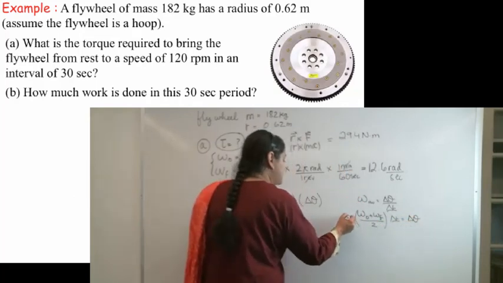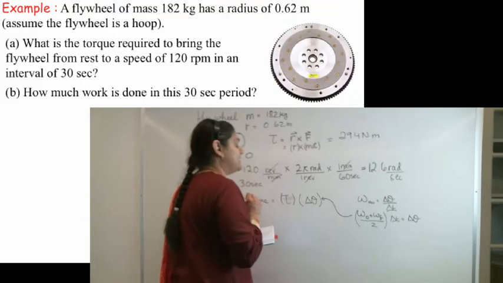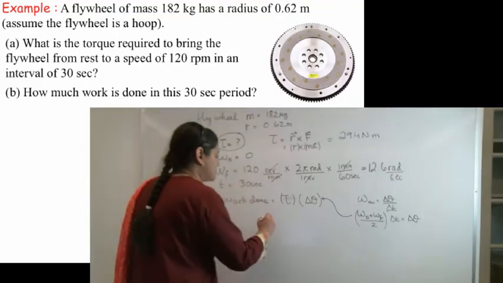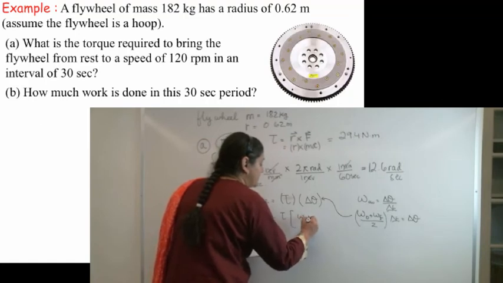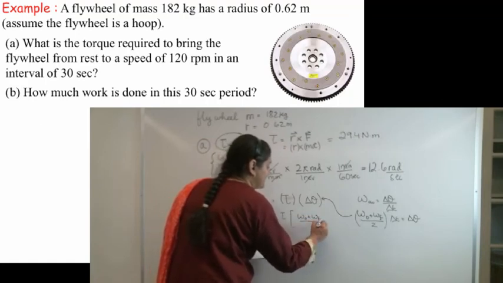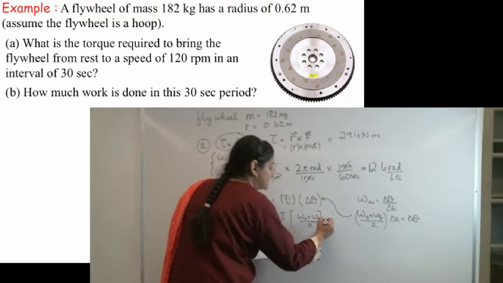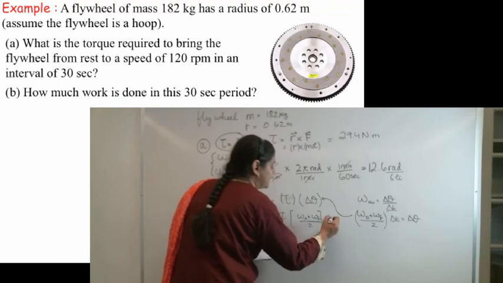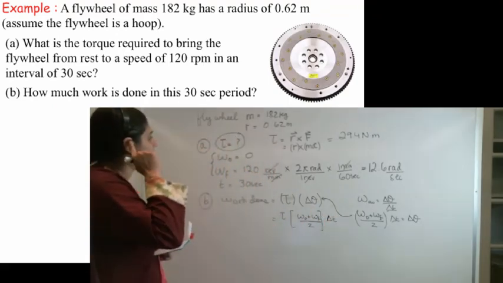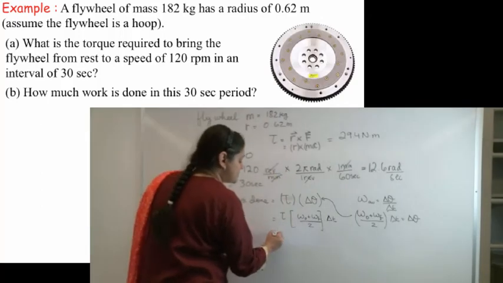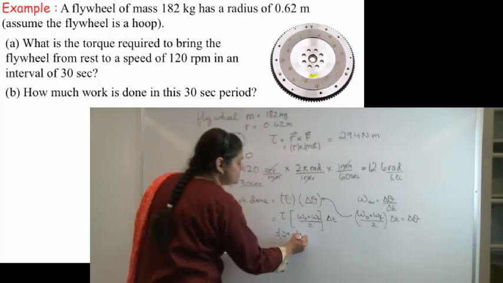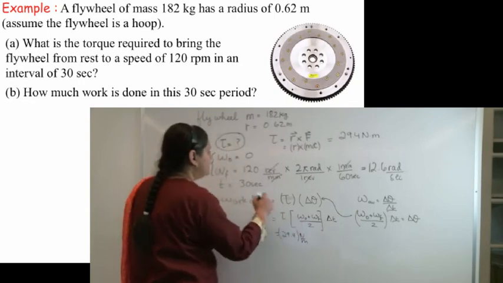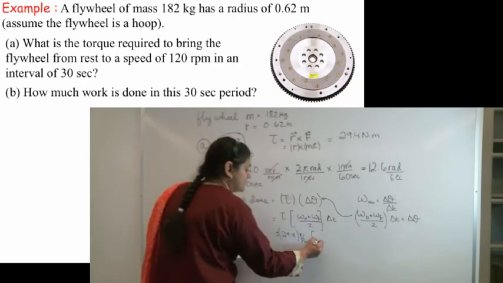Now all I have to do is replace this delta theta in here, and then my equation will be in terms of all the variables that I actually know about. Omega naught plus omega f divided by 2, times delta t. Now watch very carefully, right? So we know the torque is 29.4 Newton meters. We know omega naught is 0.